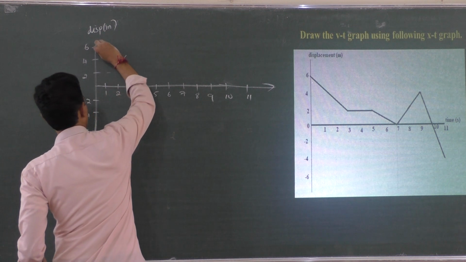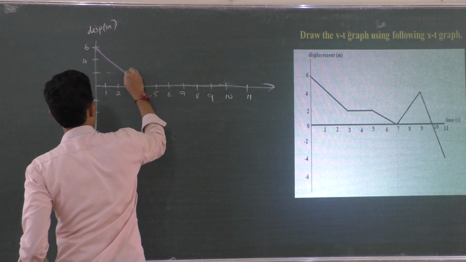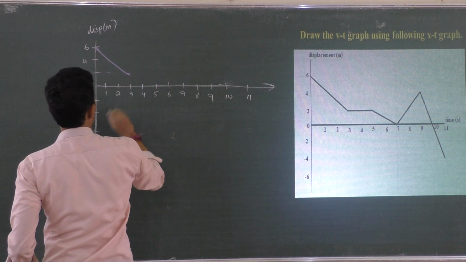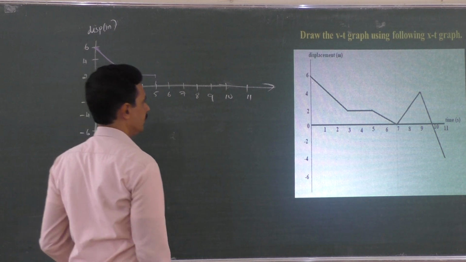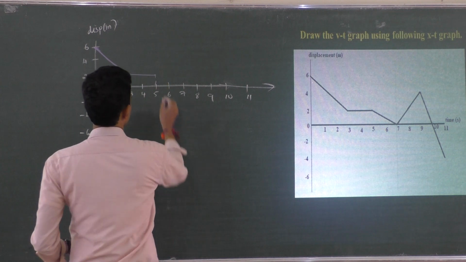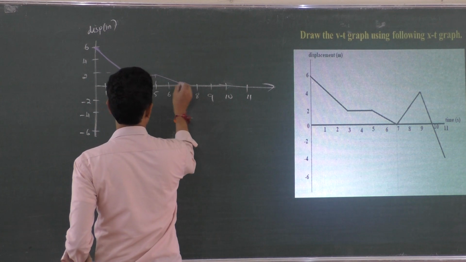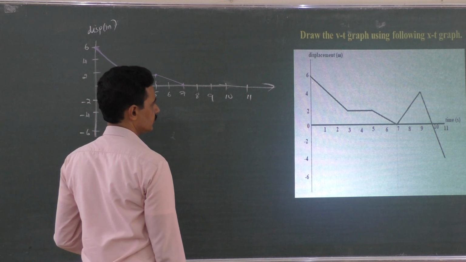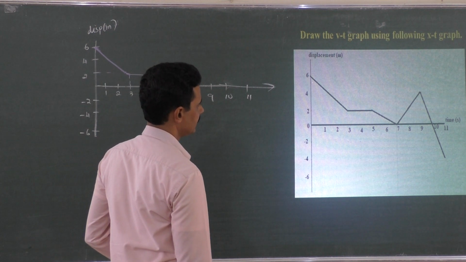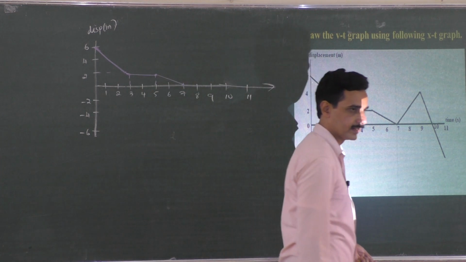Up to the scale. Okay, then from 3 to 5 seconds, the same value, then up to 7 seconds it decreased again. Now it has come to the 0th position, then suddenly went up in the 9th second, isn't it? It is the 9th second, yes.